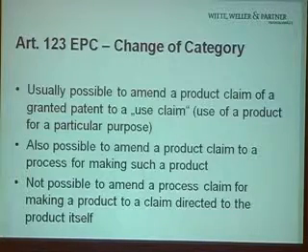It would not be possible to amend a process claim for making a product to a claim directed to the product itself, because the product claim, as I said before, is the broadest category, and that would usually not be allowed.